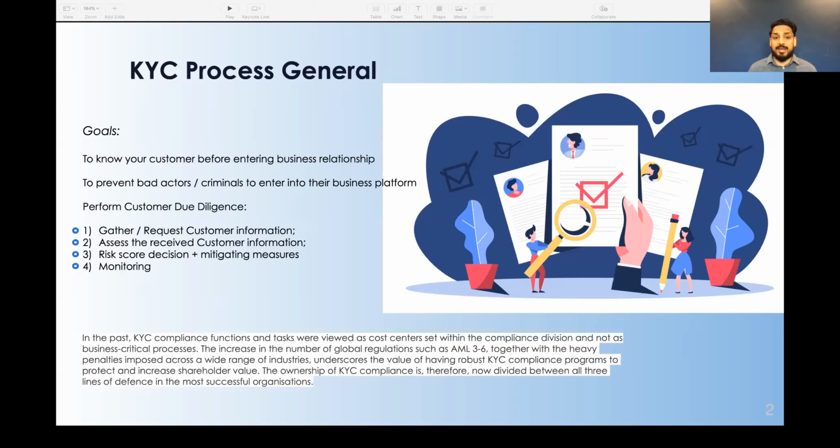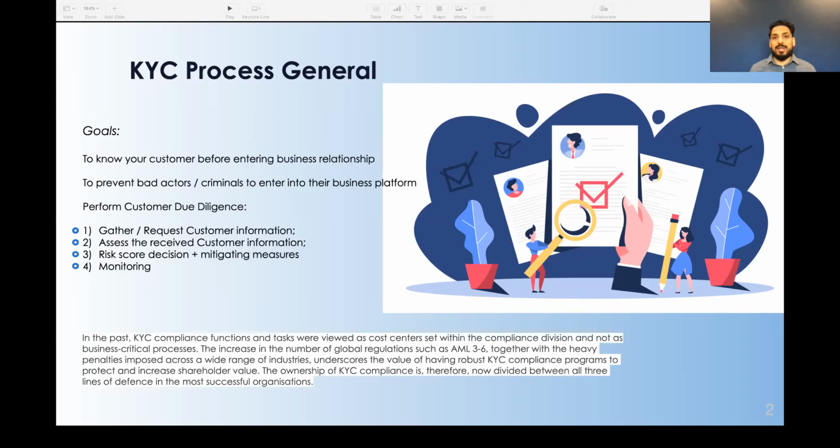If I come and say, my name is Fahad Hasan, I want to open a bank account, the bank will ask me, can you provide an ID card or a passport, where we can verify that you are indeed Fahad Hasan. That's one part of it.